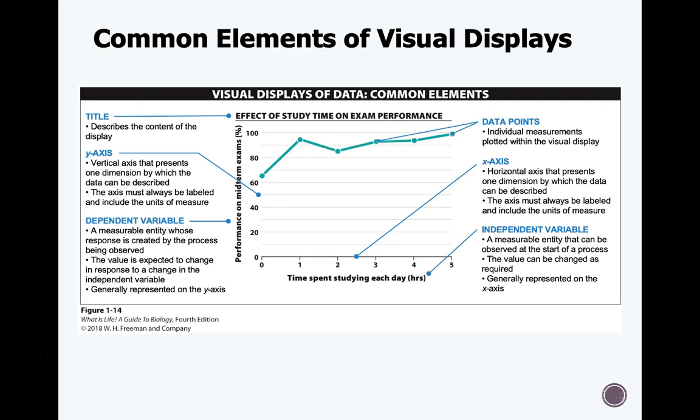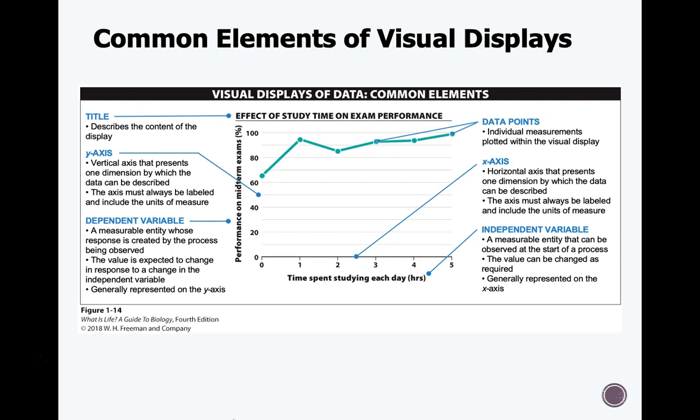This specific graph is displaying the effect of number of hours studied on performance on a midterm. If we're looking at number of hours spent, we've got 1, 2, 3, 4, 5. It wouldn't make sense to say, oh, I'm looking at hours spent, so I'm going to mark it in days. No one's studying for days at a time. You might think you are, but you're actually not.